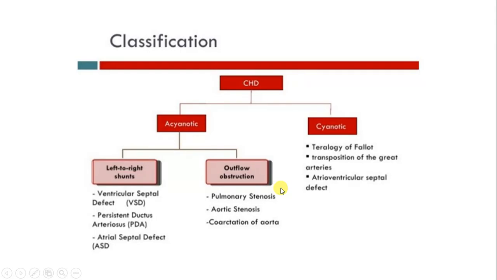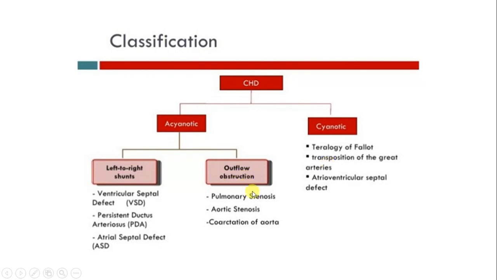So here is the classification of congenital heart disease: acyanotic and cyanotic. Acyanotic includes left-to-right shunts, overflow, and outflow obstruction. Then the cyanotic heart diseases include tetralogy of Fallot, transposition of the great vessels, and atrioventricular septal defect. These conditions are discussed in the embryological portion on the development of the heart and great vessels.